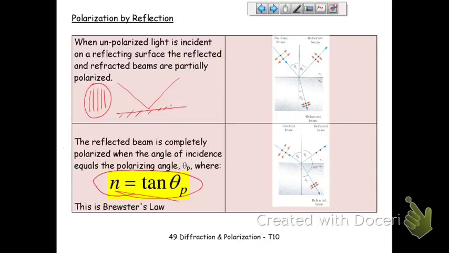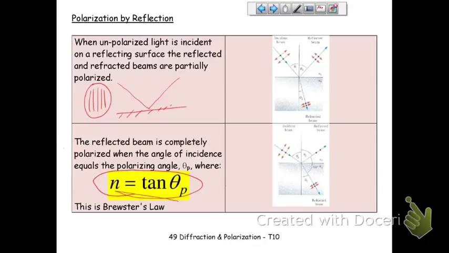So what that means is that I can take sunlight and reflect it off water or the chrome on a car or something, and the light that comes off is polarized, and I can then use a 90-degree polarizing lens to cut out the brightness.